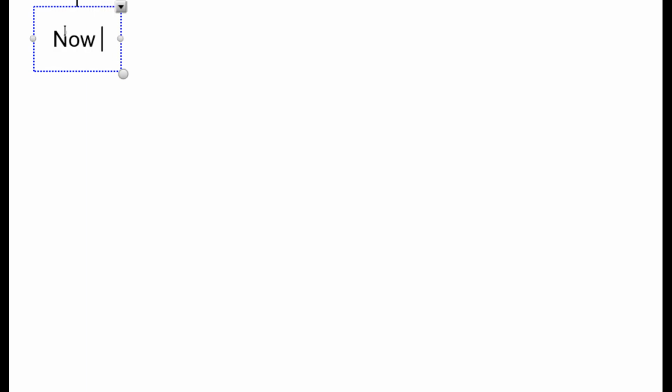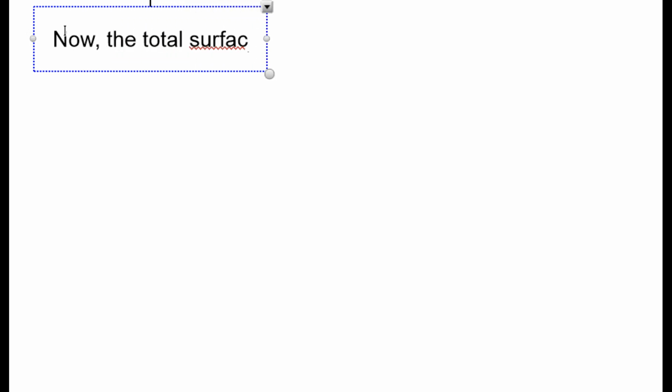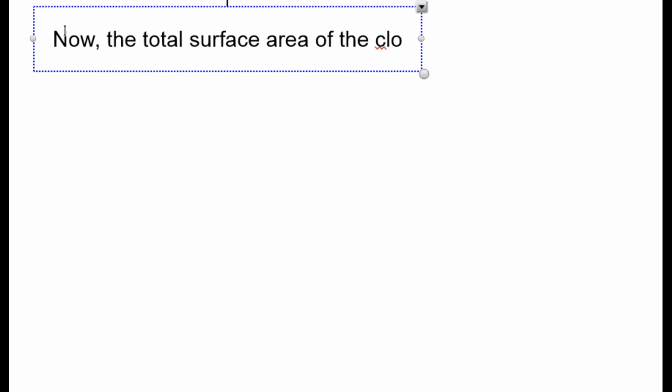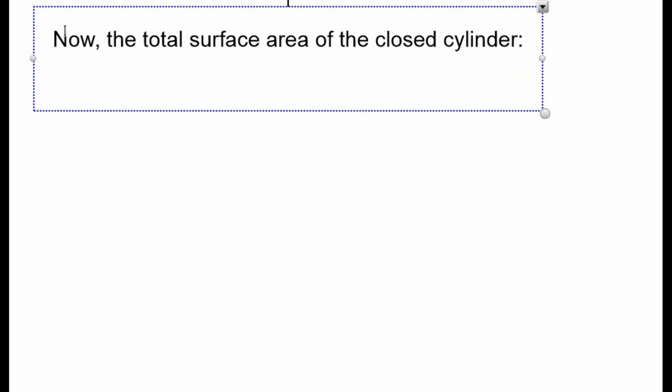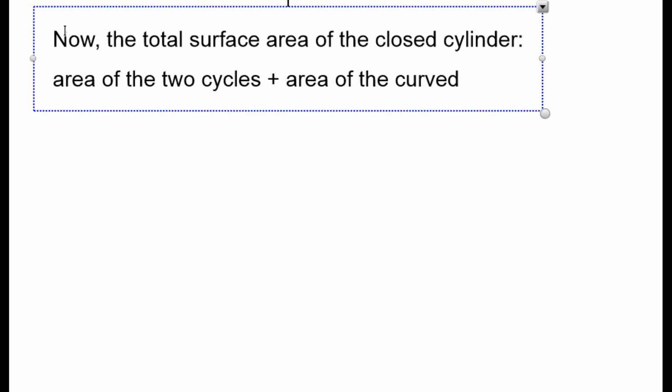Now the total surface area of the closed cylinder will be the area of the two circles plus the area of the curved surface.